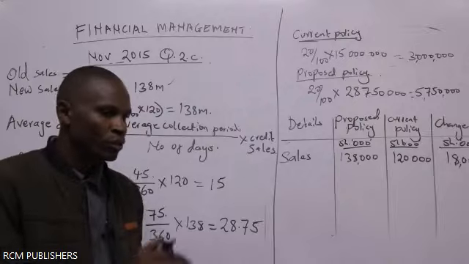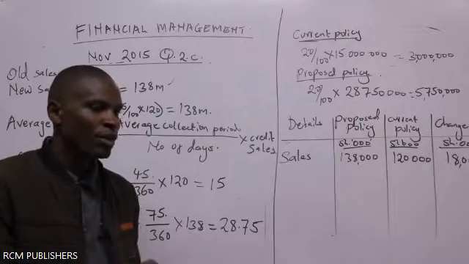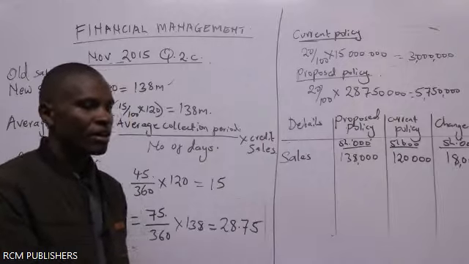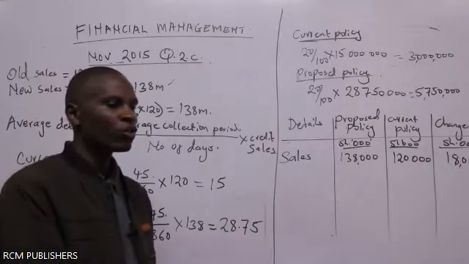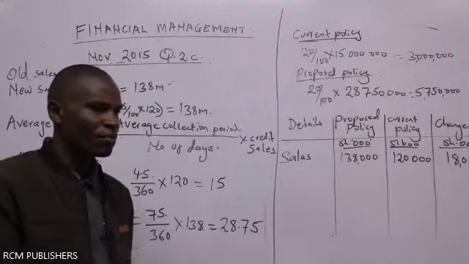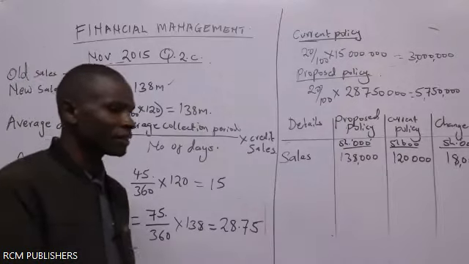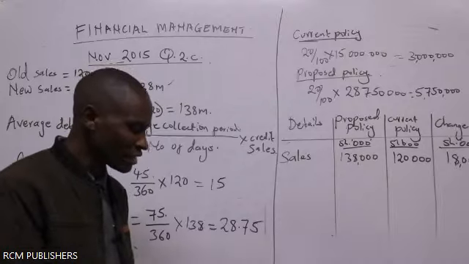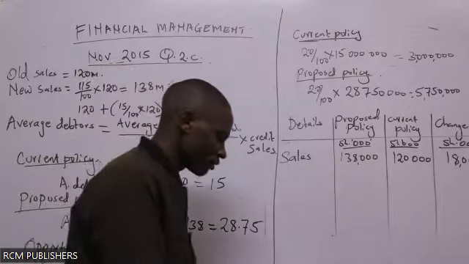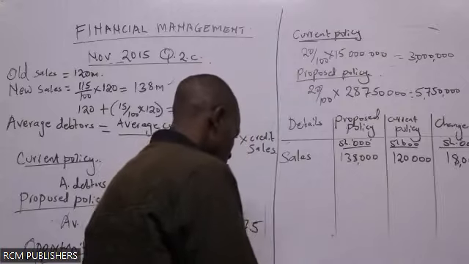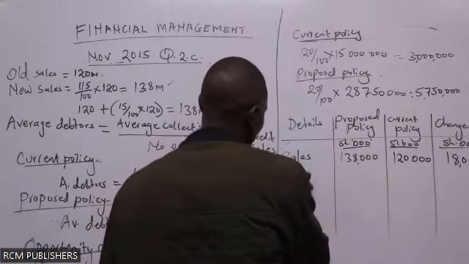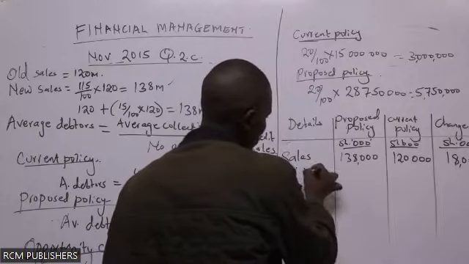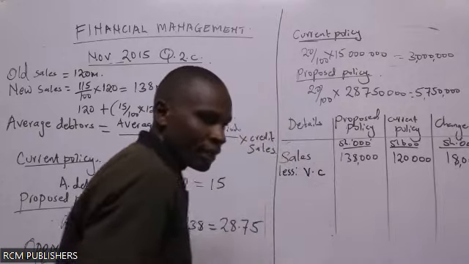Remember, we need to get to a point where we have contribution. Therefore, I can see they gave me a percentage of the variable cost, and the variable cost is which percent of sales? 80%.